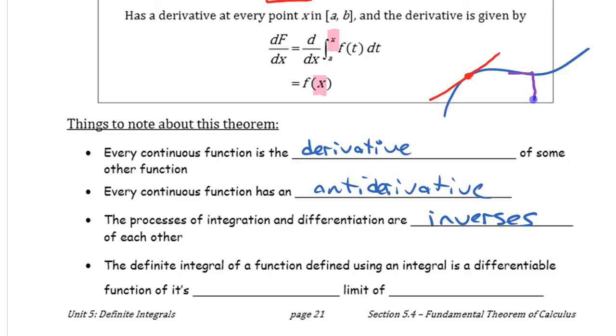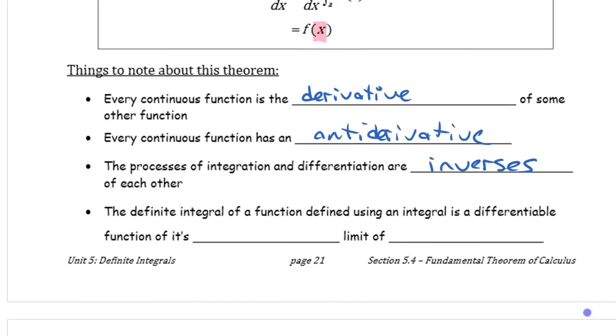There's no obvious reason why areas under curves and tangent lines are connected in any way to each other, but that's what this theorem does. It shows that those two processes are inverses of each other, and they're intimately connected together.